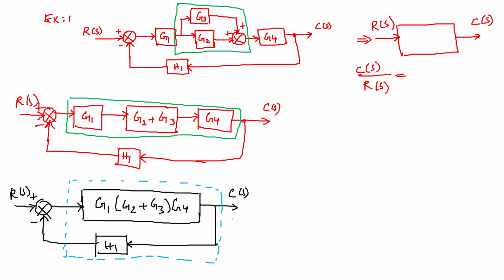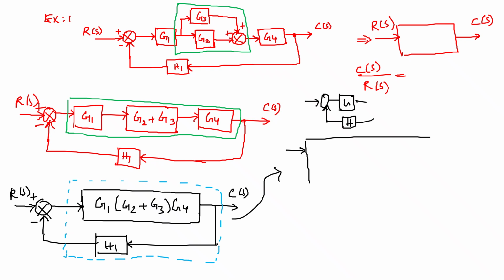So this entire block diagram can be written as a single block. We know that if you have a feedback transfer function like G and H, with input R and output C, I can write this as G by 1 plus GH.